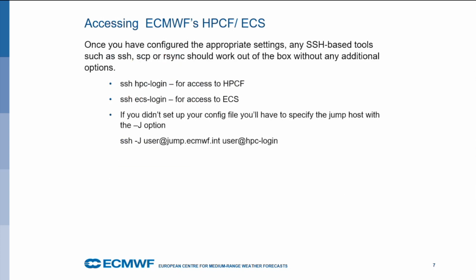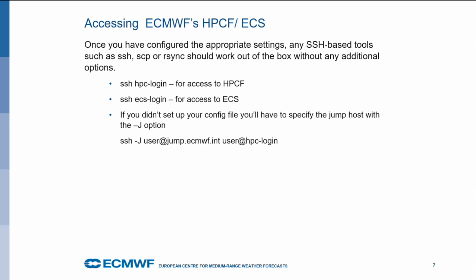Okay, so once all this is set up, if you want to access the Atos system, you just need to run, on your own system after doing the TSH login, your own laptop, your own desktop, whatever system you use, SSH HPC login, and that will already give you a session with your user ID, because you have it in the config file.